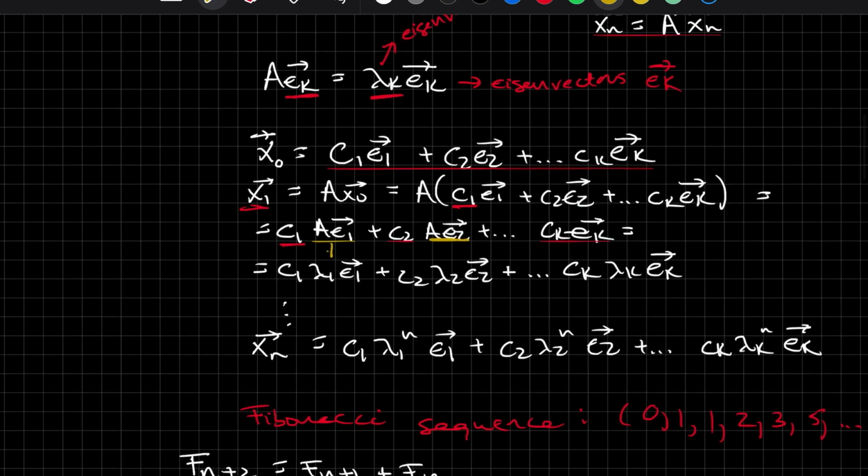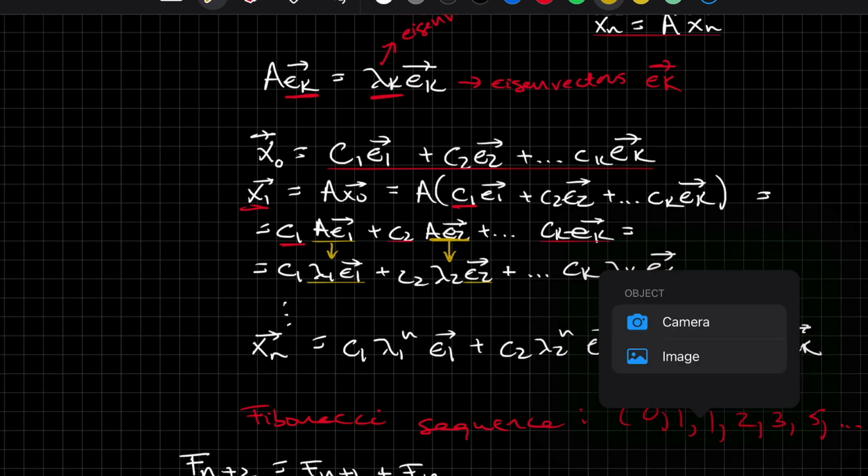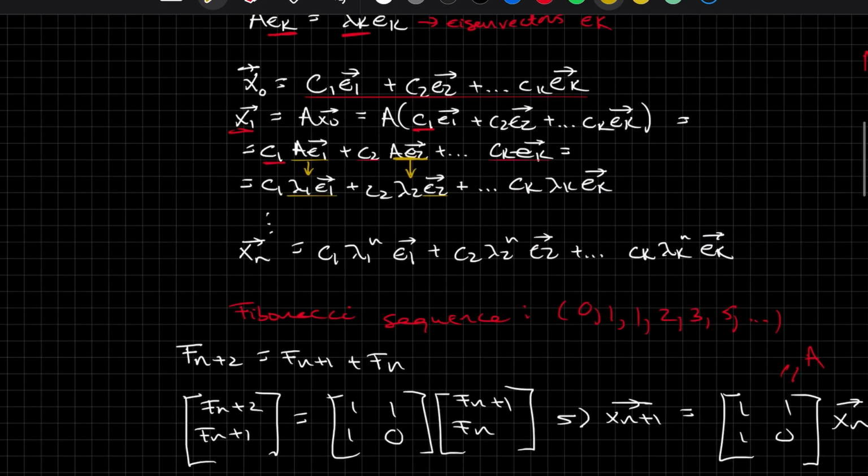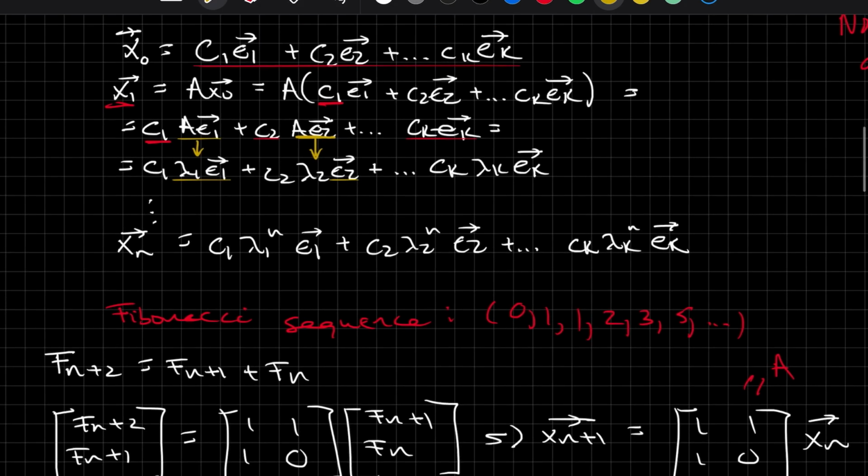So we can replace A times the eigenvectors with the eigenvalues times the eigenvectors. If we keep repeating this, we would see that the nth term is just a constant coefficient times the eigenvalue to the power of n times the eigenvector.